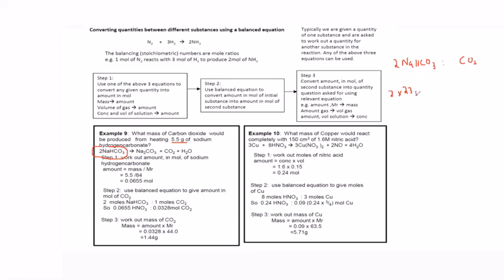Plus hydrogen is 1 multiplied by 2, plus carbon is 12 multiplied by 2, plus oxygen 16 multiplied by 6. So 23 multiplied by 2 is 46, plus 2, plus 24, plus 96.